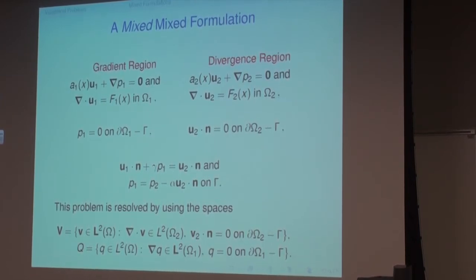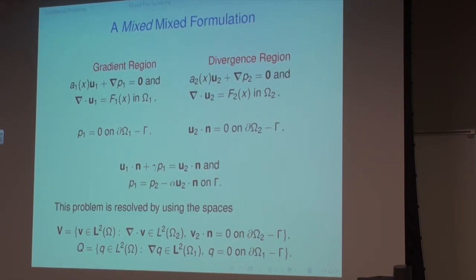If I write one of them in the gradient formulation, the way I did first, that's the system with the coefficients A1, etc. I write the second one in the divergence formulation using a divergence operator. The equations are the same with the corresponding coefficients, but the boundary conditions that come along with them are different. In the gradient formulation, I had the pressure given on the boundary. In the divergence formulation, I had the normal flux given on the boundary.